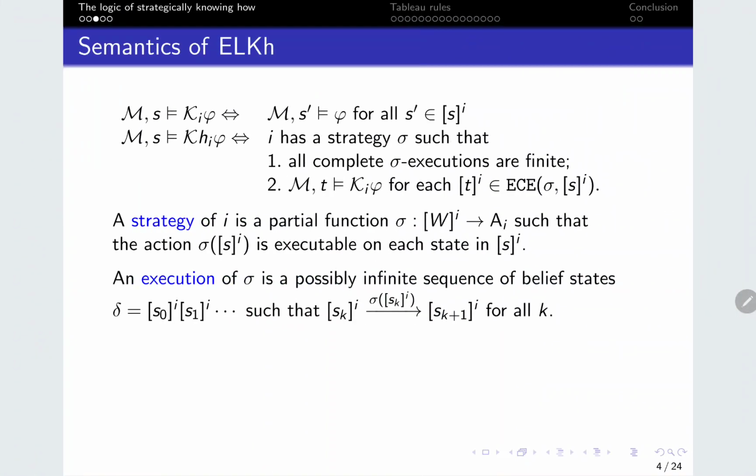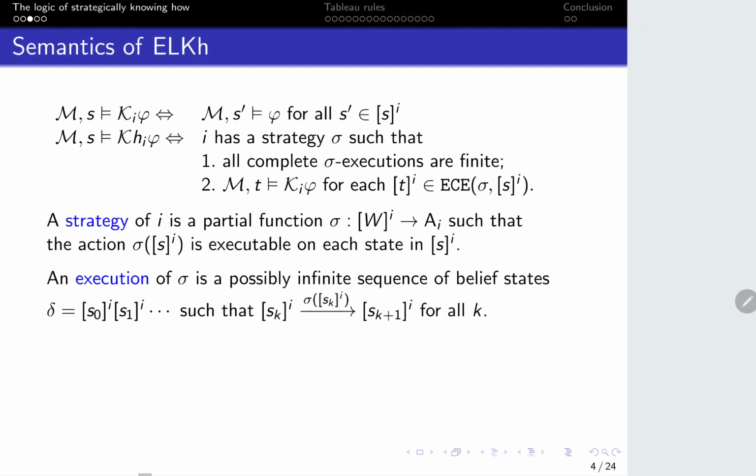An execution of a strategy is a possibly infinite sequence of belief states, such that for each two neighboring belief states, they are accessible by the corresponding action.